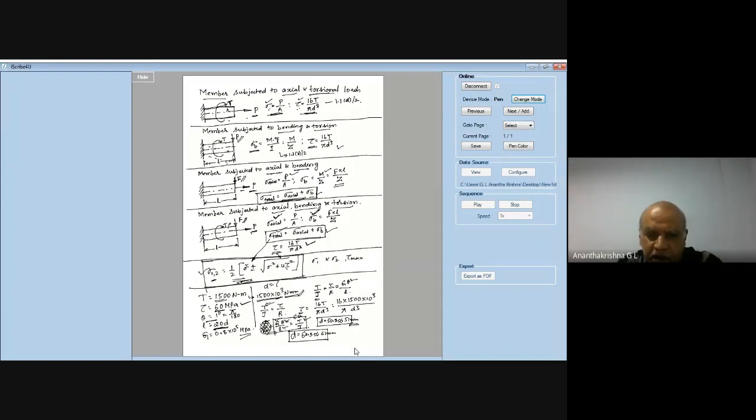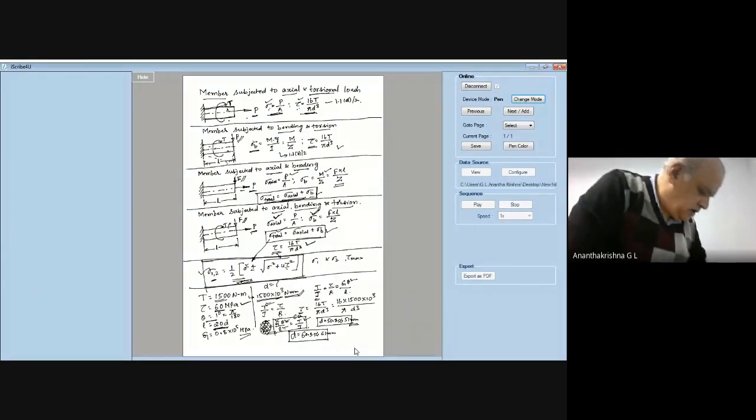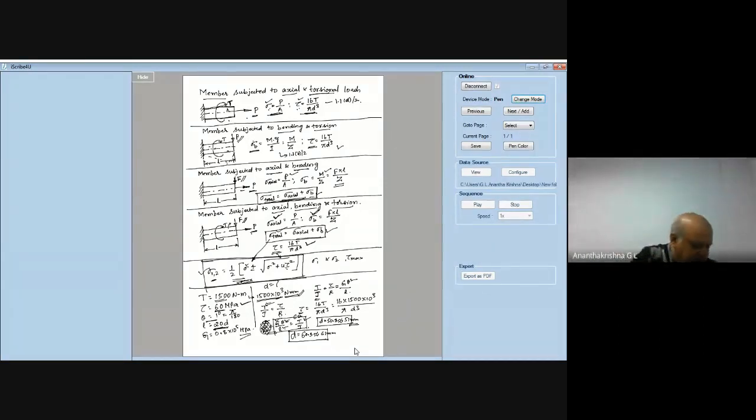Always for all geometrical dimensions, round it off to the next whole number, unless it's a standard value. When it comes to design of shafts, shaft diameters are standard, so you have to look into a table and standardize the diameters. So all geometrical dimensions, not stress values, you round off to the next higher whole number.